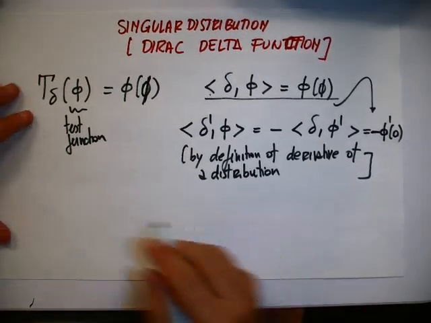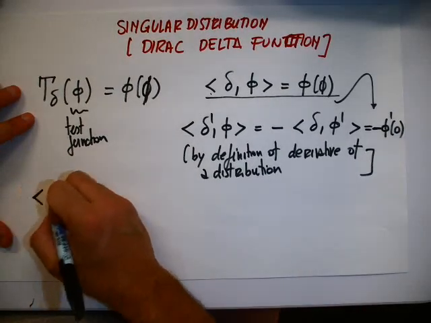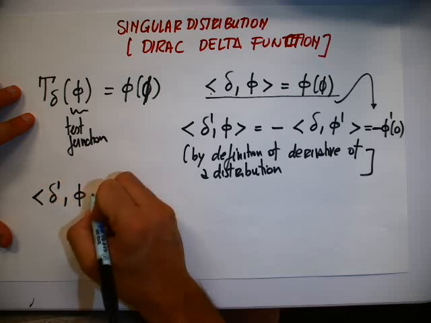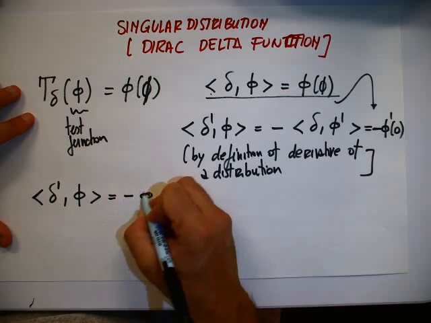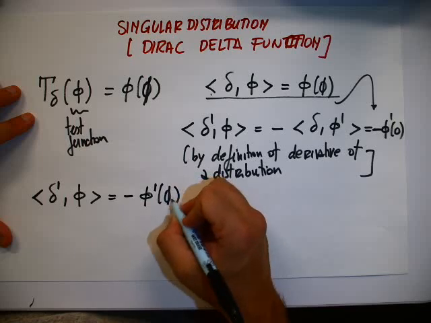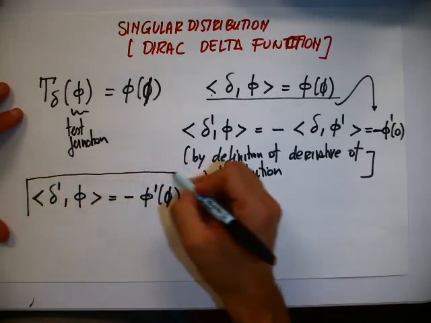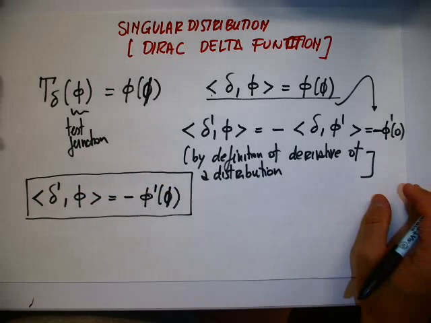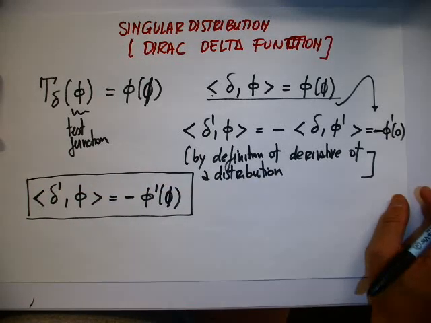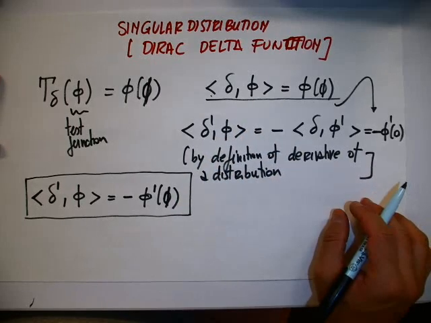And that's the definition of the derivative of a delta function, which is equal to minus phi prime at 0. That's what we already know, right? That's how it's usually defined. But now you see at least where it comes from.